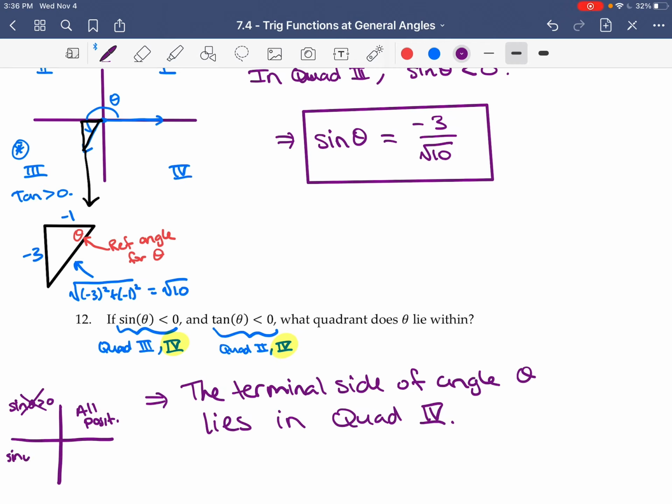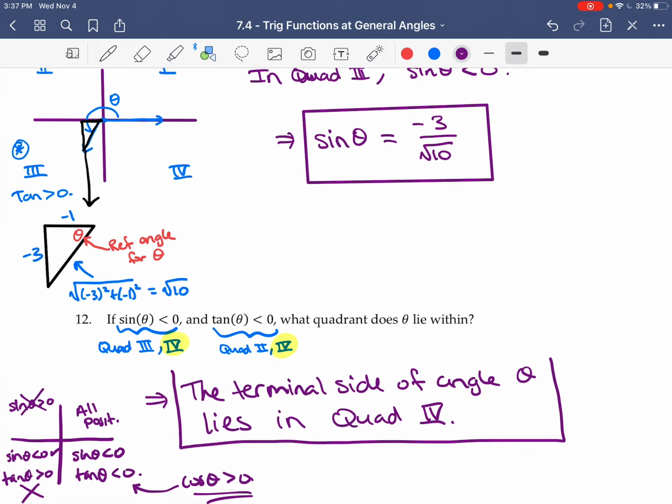Here, sine of theta is negative, that's good, but in this quadrant, tan of theta is positive, so that's out. And then down here, sine theta is less than 0, as is tan of theta, because this is the quadrant where cosine theta is the one that's positive. So with that information, we already know that the angle has to be in quadrant 4.